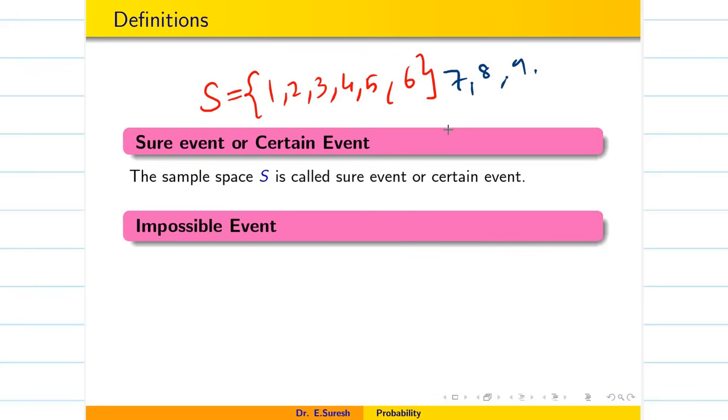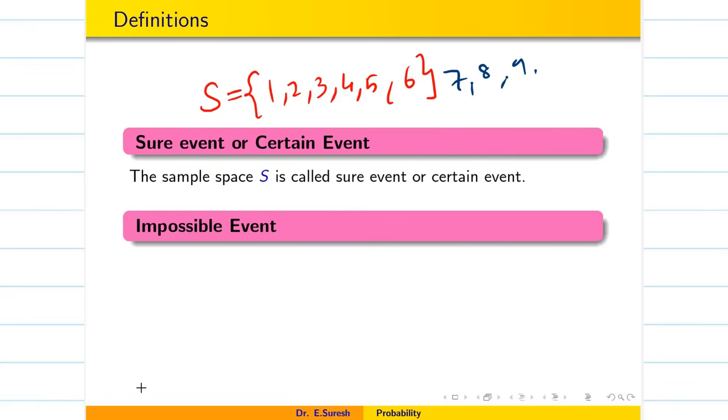So this is a very tricky thing. If somebody asks you, please throw a die, what is the output? If you say 1, if you say 5, it is not a sure event, because if you say 1, you may get the output 5. If you say 5, you may get the output 2 or 3 or something.